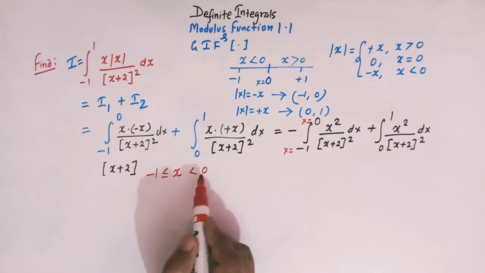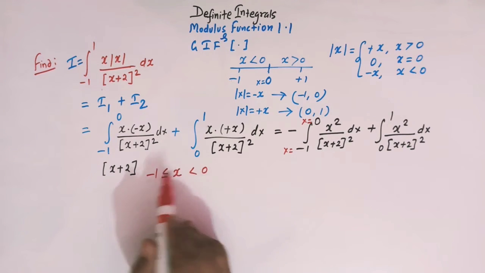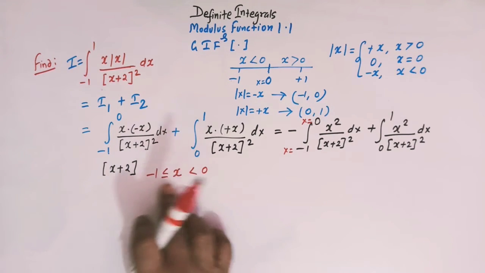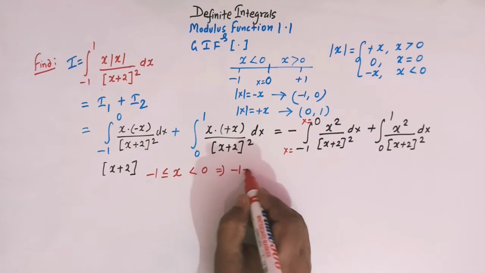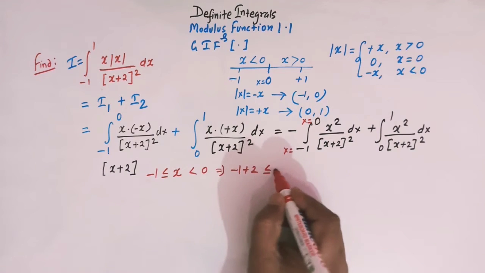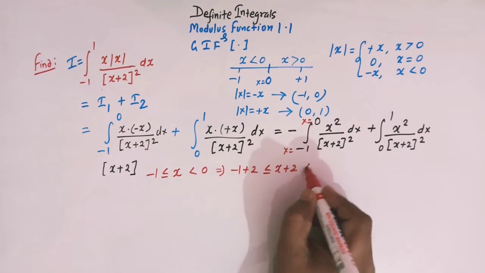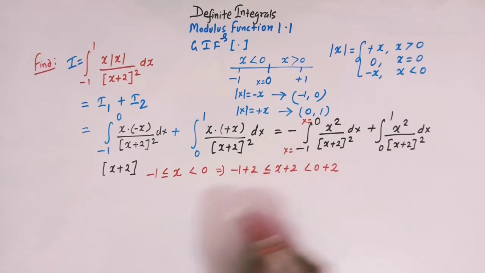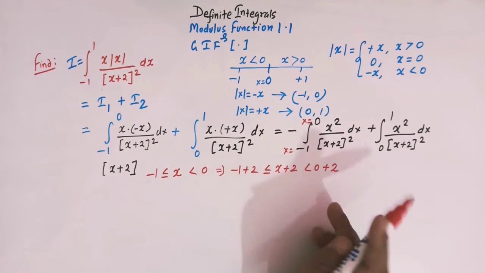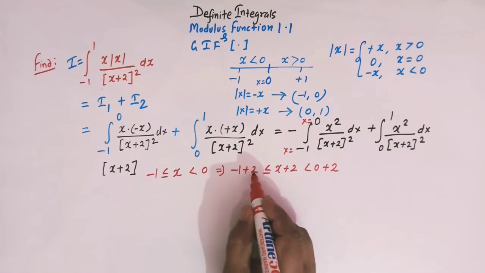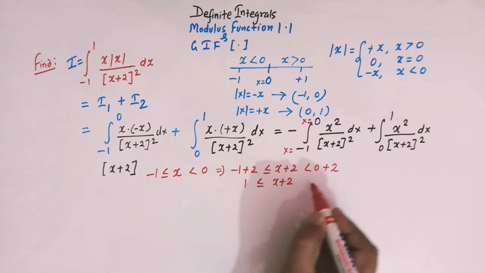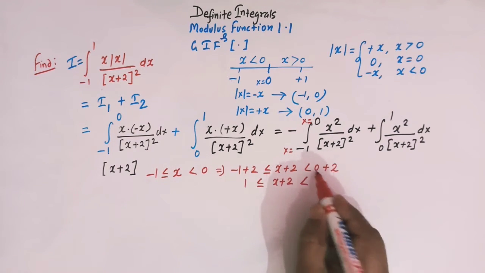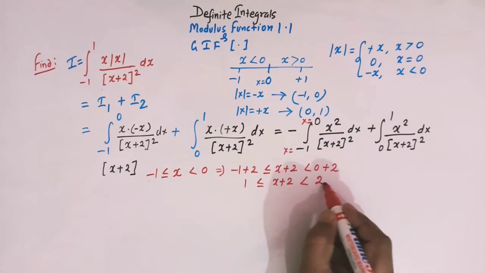So what we need to do, we'll add 2 throughout this inequality, right? So what we will get, -1 plus 2, and here we have x plus 2, and then we have 0 plus 2, right? And now this inequality becomes 2 minus 1 is 1, and here we have x plus 2, and here we have 0 plus 2 is 2, right?